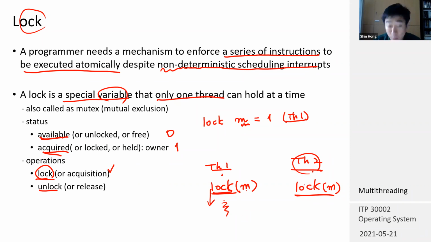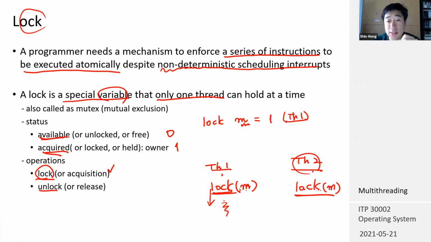Even if this lock operation and this lock operation happen right after each other, the second one will be blocked. Why? Because if this lock operation happened earlier, then atomically, it checks that the value is 0 and updates it to 1.